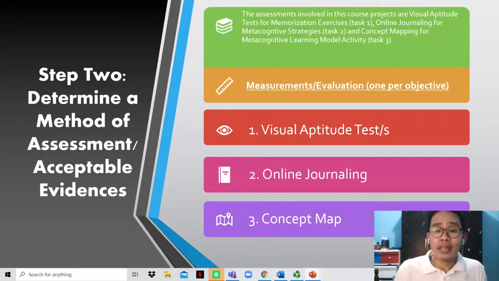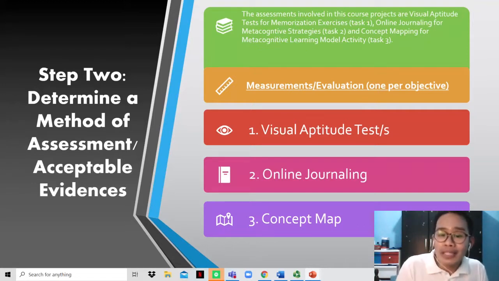Number one, task one will be a visual aptitude test through memorization exercises. Number two will be online journaling of the experiences of the course taker while performing specific tasks like monitoring, planning, and reviewing. He would make a journal of his experience.